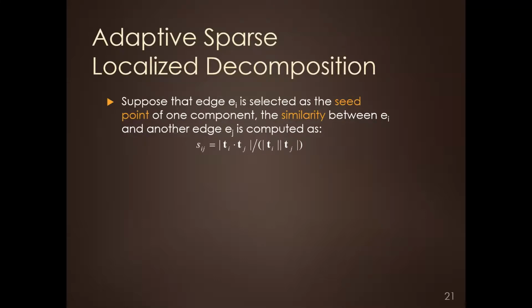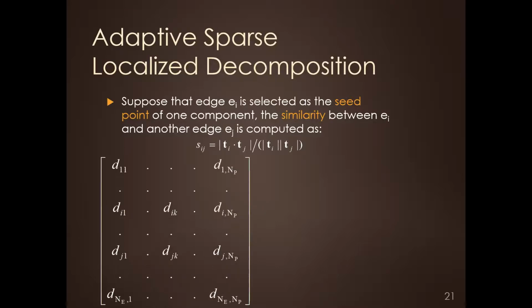It is the similarity between two edges. Suppose that edge Ei is selected as the seed point of one component. The similarity between Ei and another edge Ej is computed as Sij. And how to define Ti and Tj in the formula.